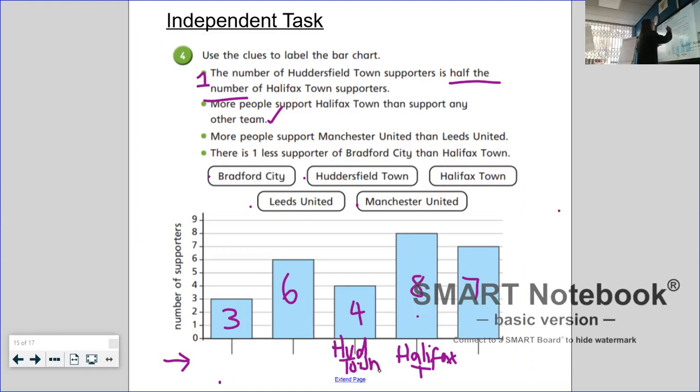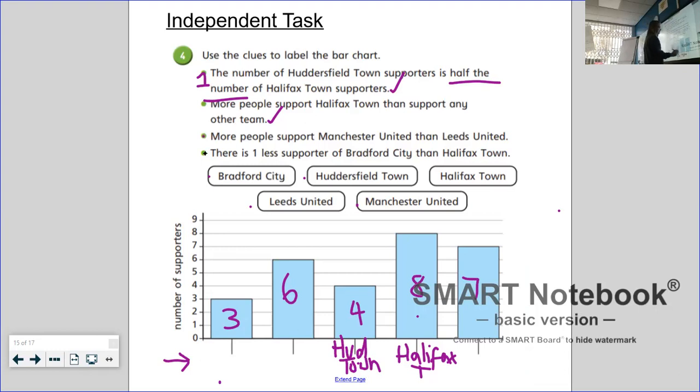So I know, using all my information here, that helped me. More people support Manchester United than Leeds United, but I've got 3 left here. And I'm not sure if it's 7, 6 or 3, so I can't answer that yet, but I can answer this one. There is 1 less supporter of Bradford City than Halifax Town.